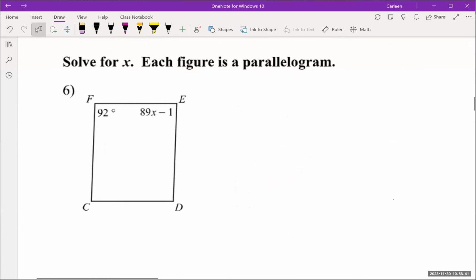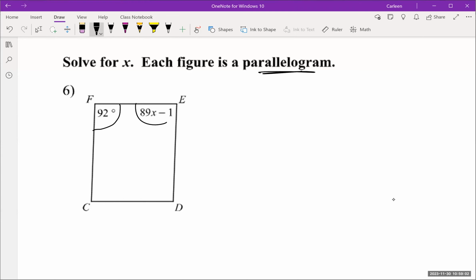Okay. This is a parallelogram. What can you tell me about those consecutive angles of a parallelogram? Now remember, a parallelogram, those are parallel. Those are parallel. We have more options.